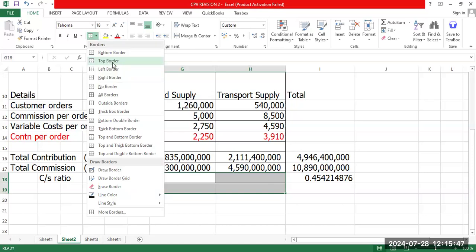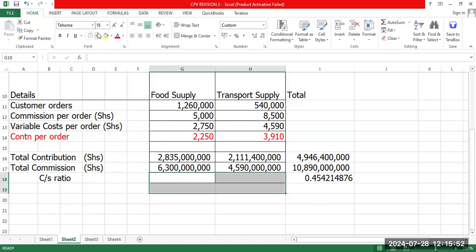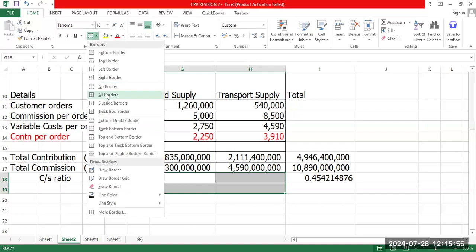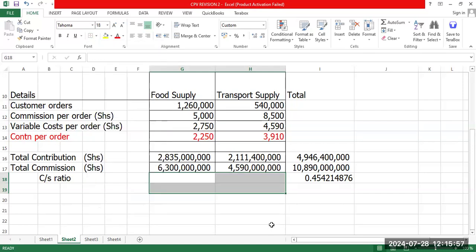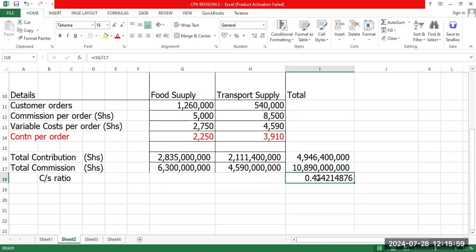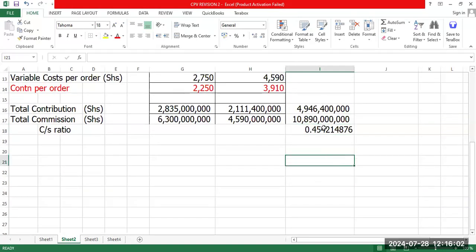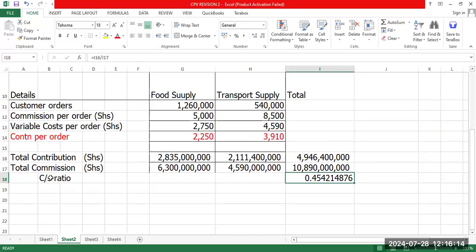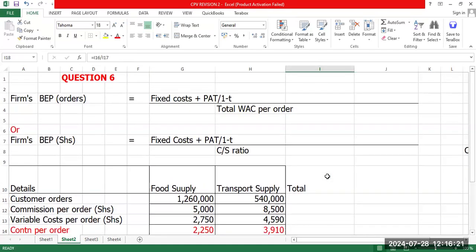Don't round off when you're using this method. However, markers know that people round off and can give that approximation. But to get the accurate figure, it is good not to round off. Just take it the way it is and continue. So that is our contribution to sales ratio.